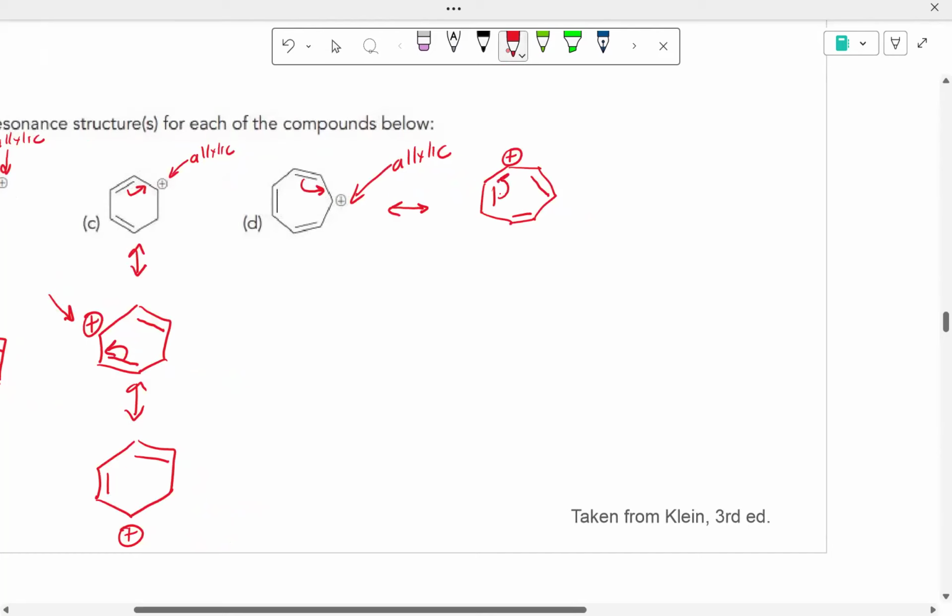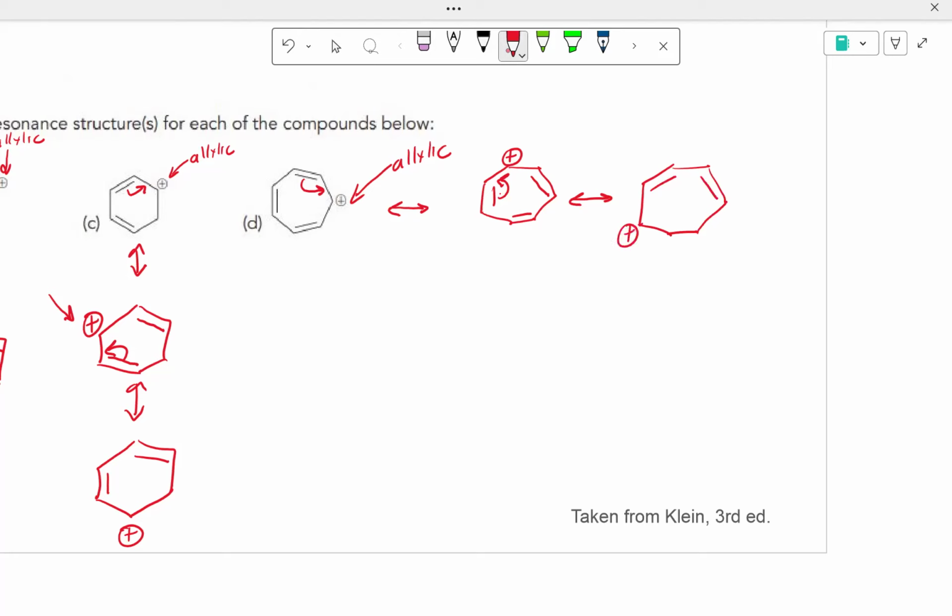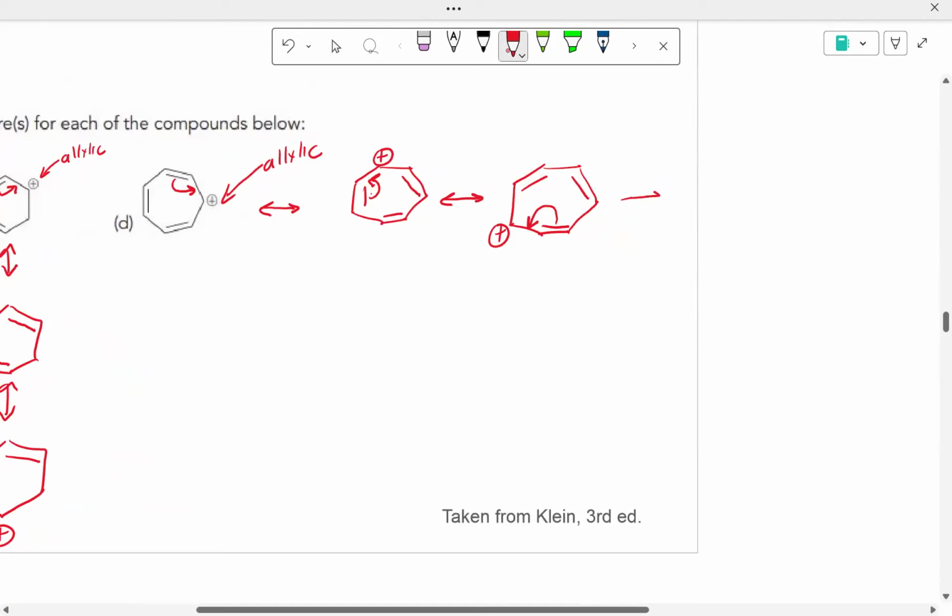And then I can move this one here. And the plus charge is here. And I'll do one more. I can move this one here. And the plus charge is there.